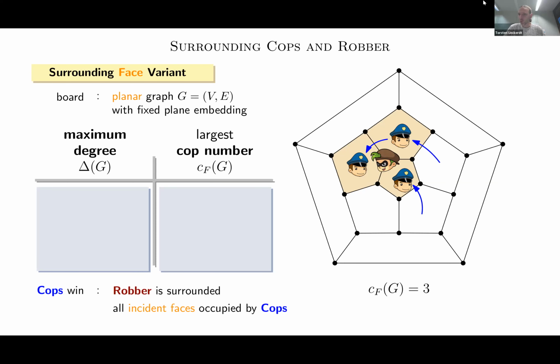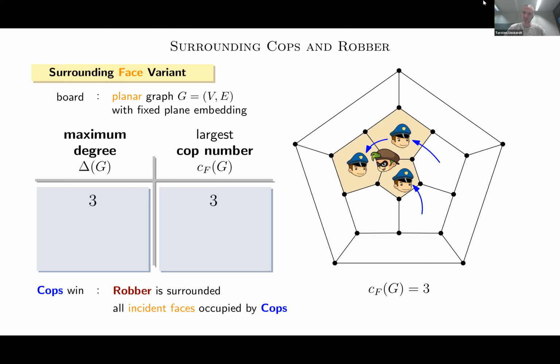Then maximum degree 2. Yeah, so it's always the primal graph, so it's a bunch of cycles in a plane embedding. And then it's also easy to see that 2 cops are necessary sometimes and always sufficient. It's not so hard. The first non-trivial case is maximum degree 3, where indeed we can prove that 3 cops are sometimes necessary and always sufficient. And it's actually quite a beautiful proof.